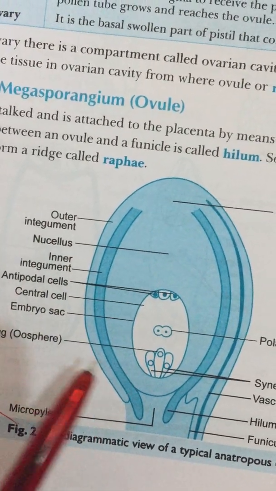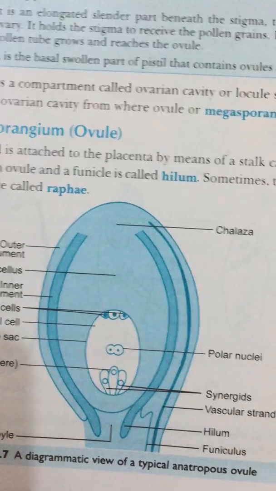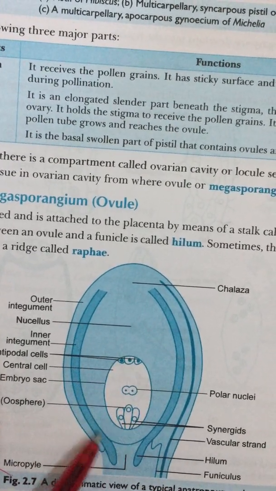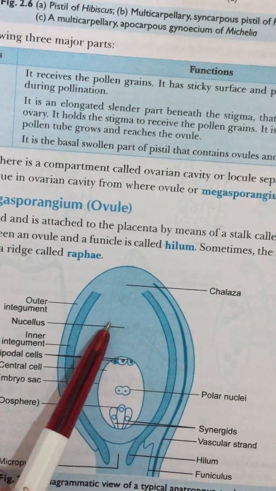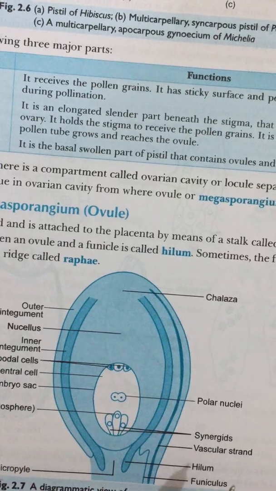Opposite to the micropylar end is the chalazal end, which represents the basal part of the ovule. Enclosed within the integuments is a mass of cells called nucellus. The cells of nucellus may have abundant reserve food materials. Located in the nucellus is the embryo sac.